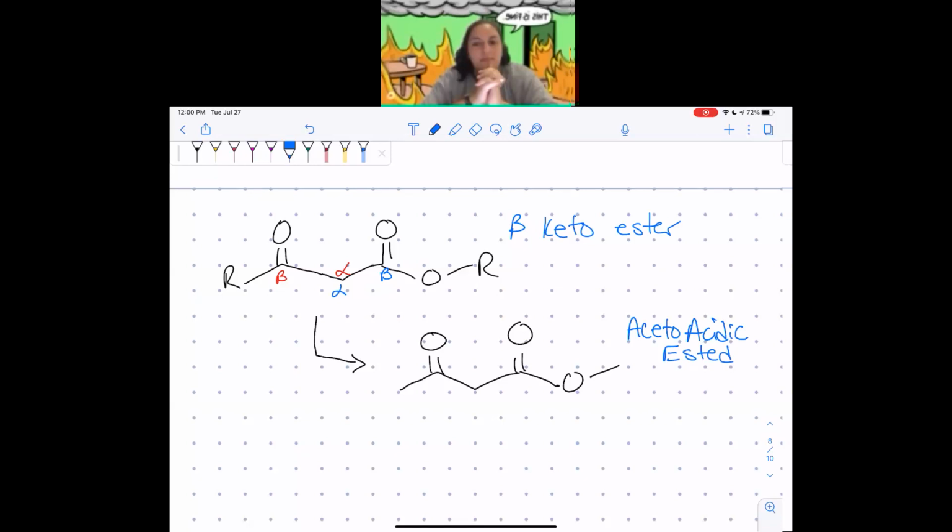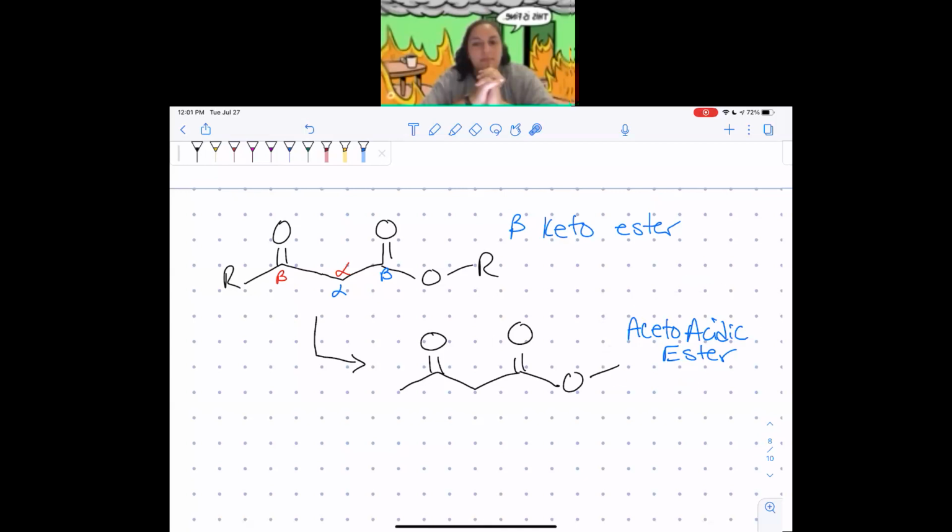So this is called the acetoacetic ester, and I spelled that wrong, nice, because this is an acetone, and this is an acyl ester. So we call this guy the acetoacetic ester. So this is a beta keto ester. It's a specific beta keto ester, but we cannot say that every beta keto ester is an acetoacetic ester.